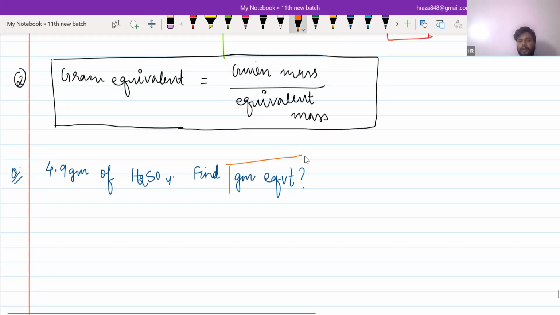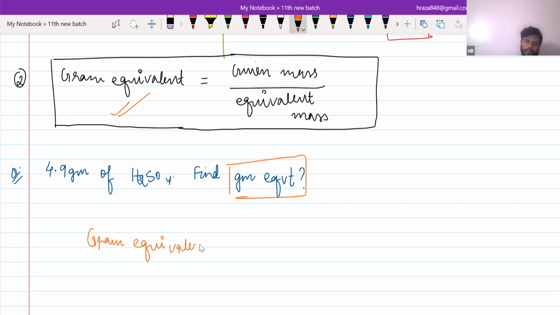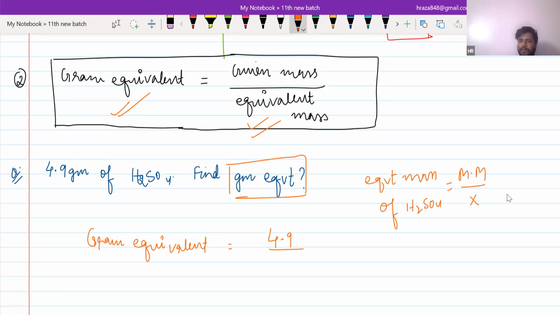We need to calculate gram equivalent. Gram equivalent is given mass, that is 4.9, upon equivalent mass. Can't you calculate the equivalent mass of H2SO4? Equivalent mass is equal to molar mass upon X. What is the molar mass of H2SO4? 98.